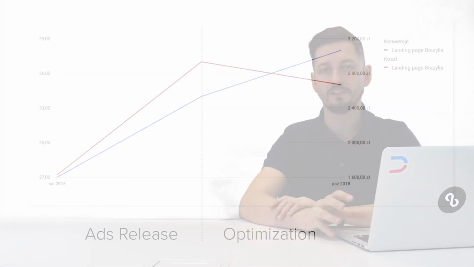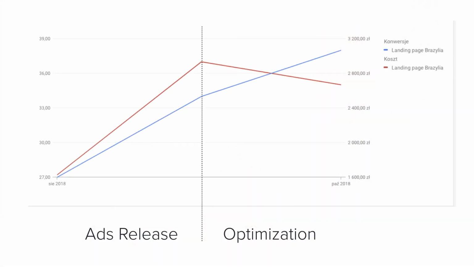And the last stage we implemented was improving funnel effectiveness, considering different markets in the funnel. So as you can see on the diagram, the red line is representing the costs, the spendings on our campaigns, and the blue line is actually conversions. So the first stage was this ads releasing.